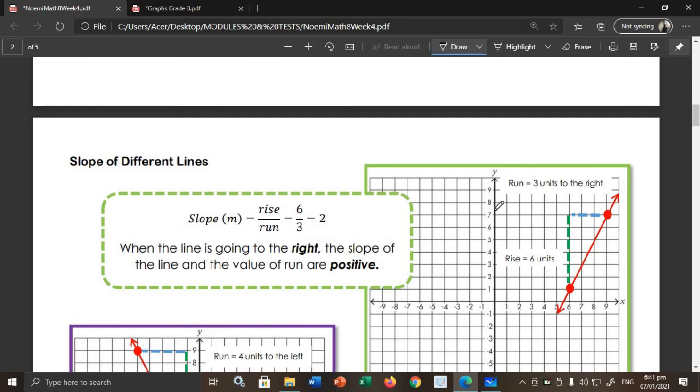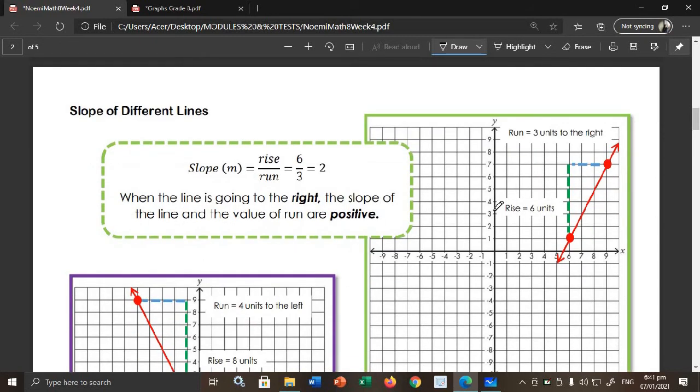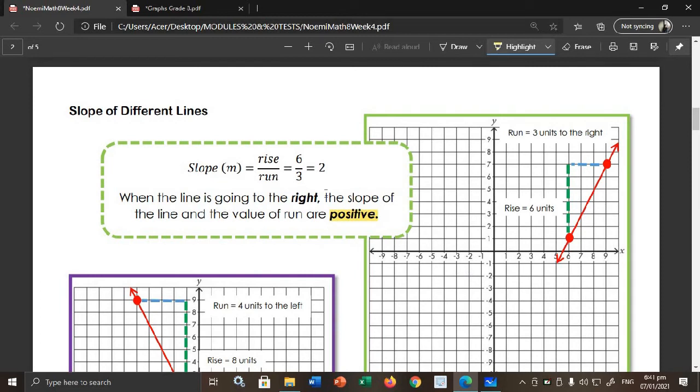So according to this, kapag yung slope na na-solve natin is positive, like this illustration, the structure or yung itsura nung line ninyo is going to the right. Kapag positive yung na-solve nyo na slope, you can imagine that the line is going to the right side.